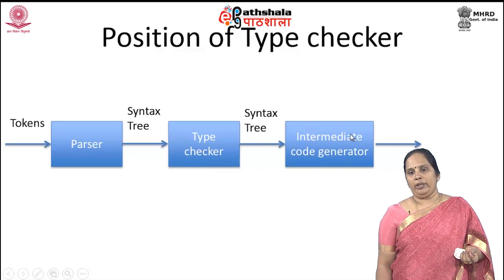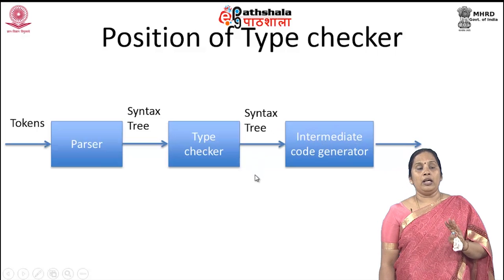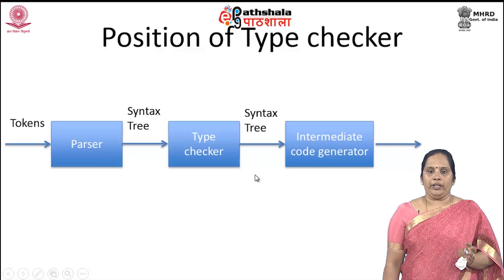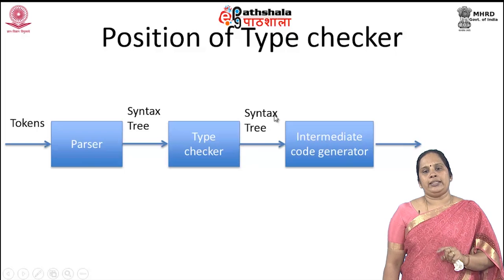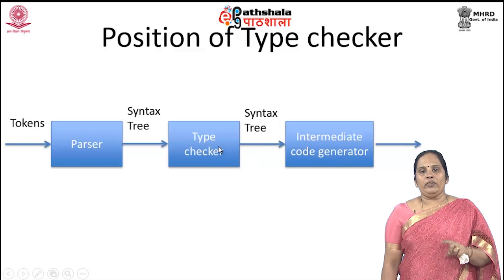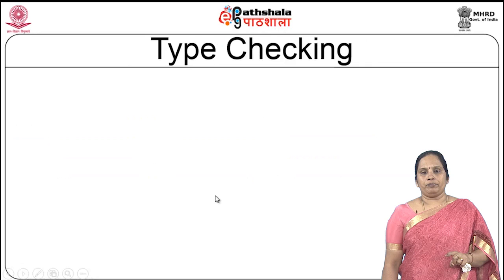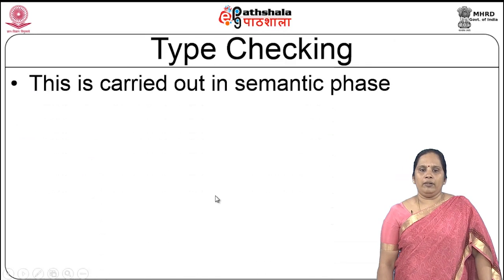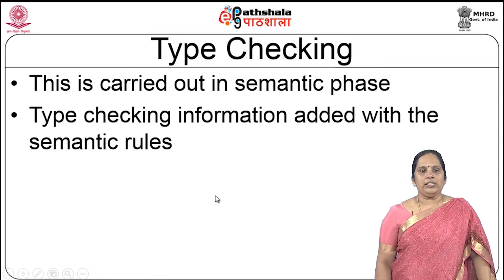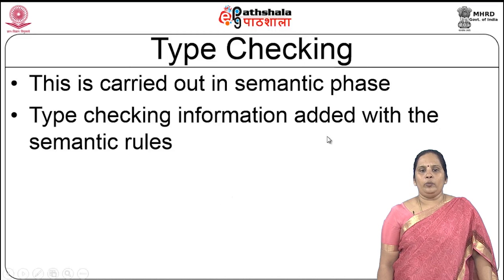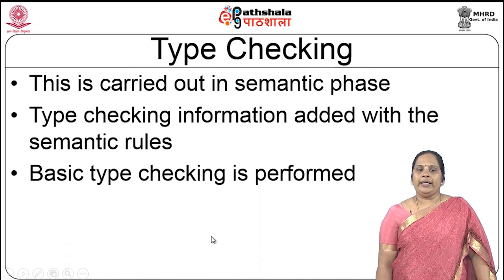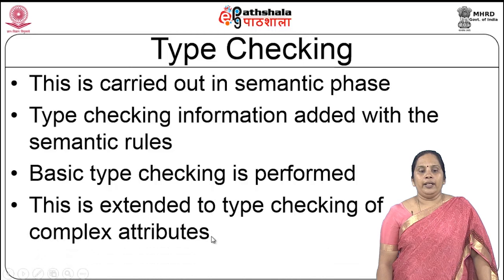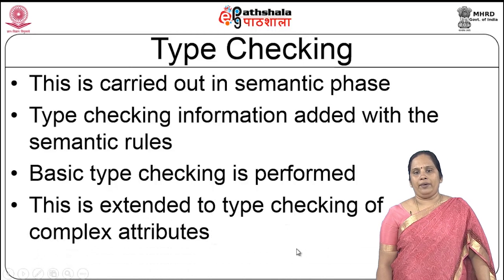So it occurs just before the intermediate code generator, whose input also needs to be a syntax tree, and the output of the type checker is also going to be a syntax tree. As we know, this is carried out in the semantic phase. Type checking information is added with semantic rules, basic type checking is performed, and this is extended to type checking of complex attributes also.